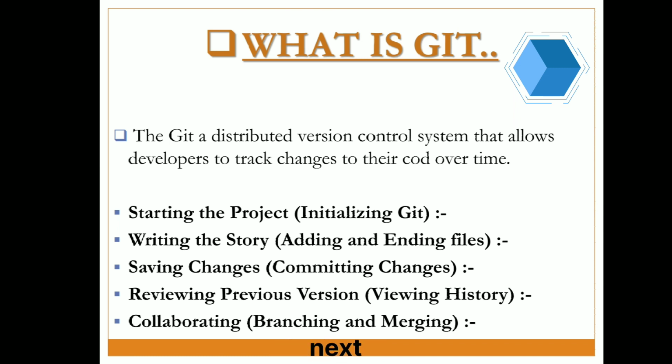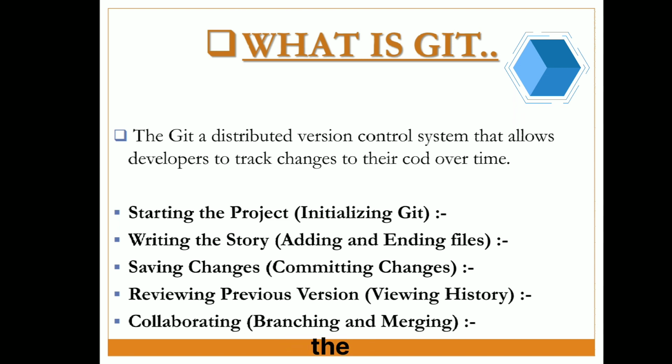The next one is reviewing previous versions, viewing history. This is like if you want to see what the story looked like at a specific point in time, you can flip back through the notebook to find that version. This is similar to viewing the commit history in Git.